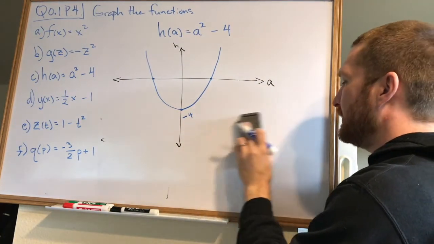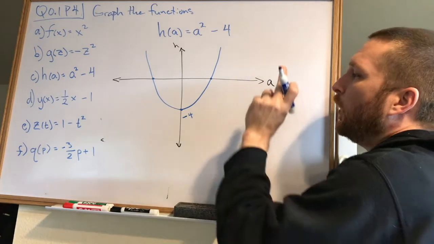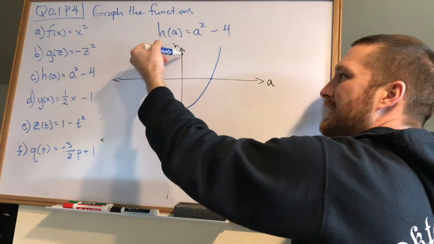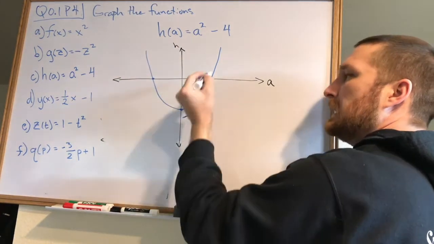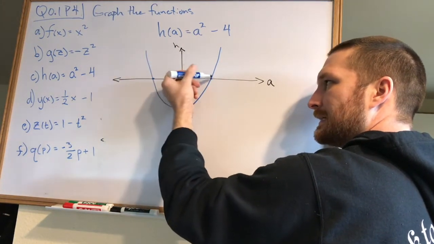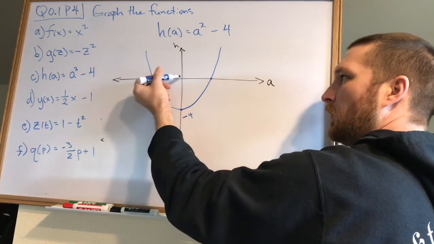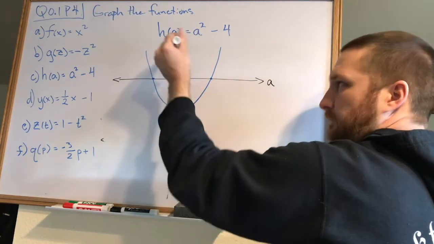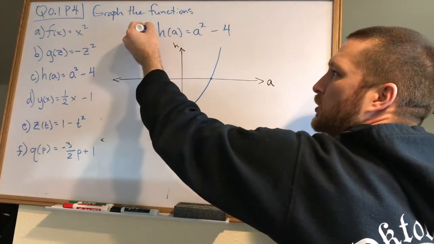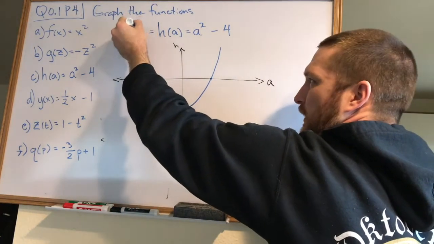Now, the question is, what about these guys? Well, these points occur when the output is 0. We could think about that as the h-axis, or the output of this function is equal to 0.